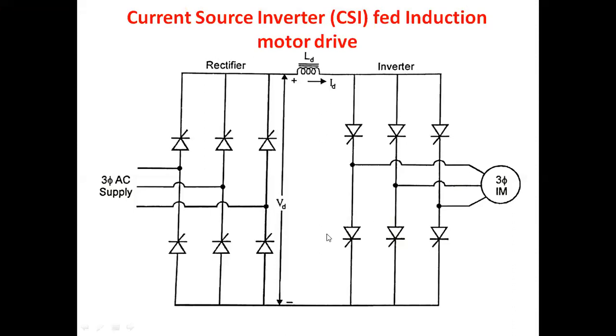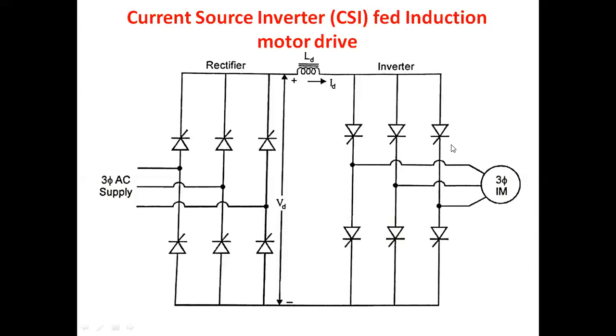Now, by adjusting the firing angles of this inverter in stepped wave inverter mode, we can control the time period of the waveform. If you vary this time period, automatically we vary the frequency of the output of the inverter.